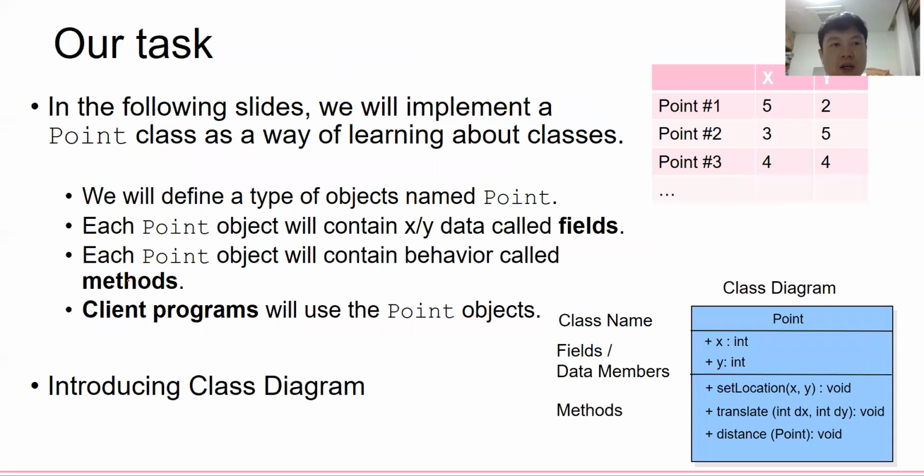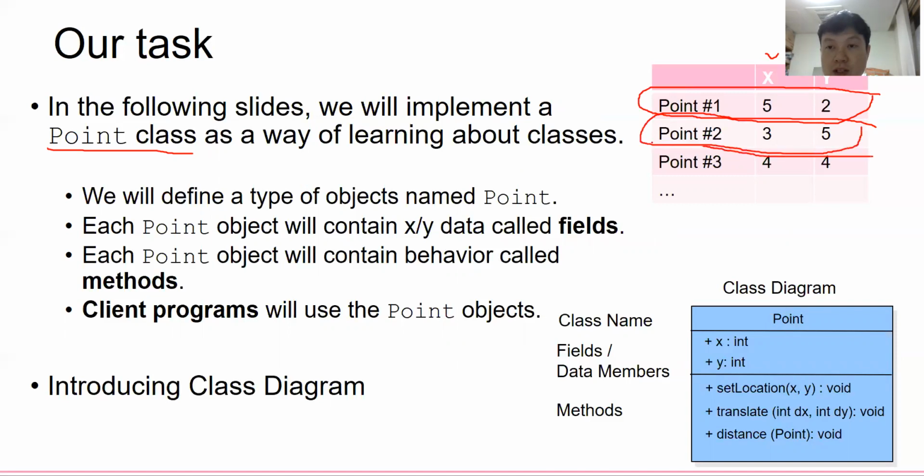In this case, I want to implement a point class. So I want to make a point class so that the point class will create this. We have X, we have Y, and I can say this is object number 1. This is object number 2. And this is object number 3.